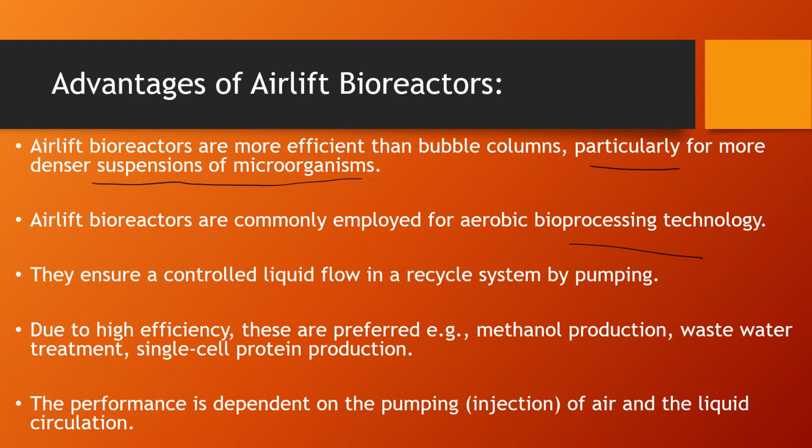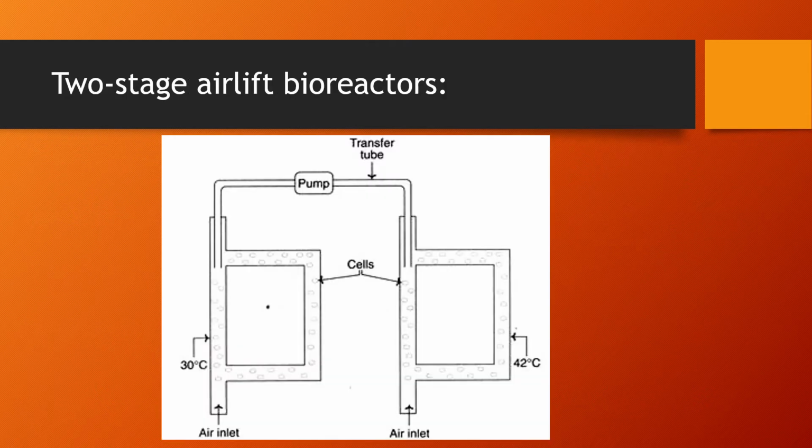Their performance is dependent on the pumping of air and liquid circulation. So how well the air is being pumped, how controlled it is, and how the liquid circulation is happening.